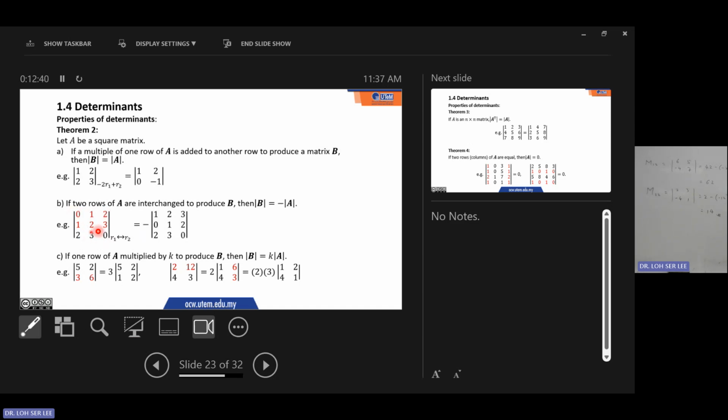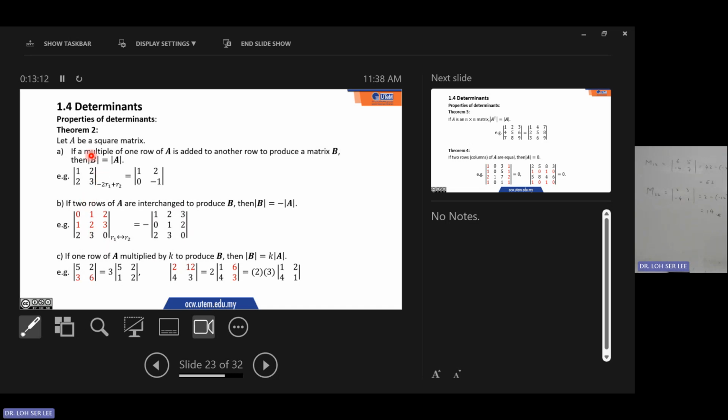After you swap these 2 rows, the determinant of the new matrix will be negative 5. If you swap row 2 and row 3 again, you will get the same determinant as this, because minus minus you get a plus.